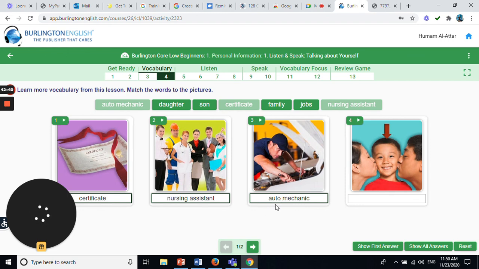Auto means cars, vehicles. Okay? If you have a car, if you have a truck, it's auto. That's why we call it auto, like automobile.